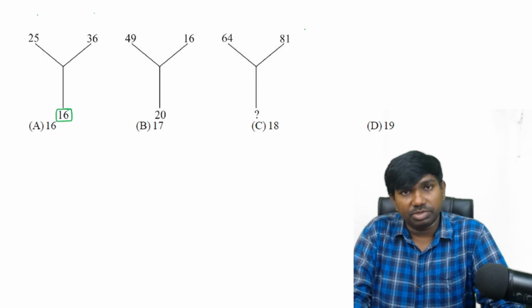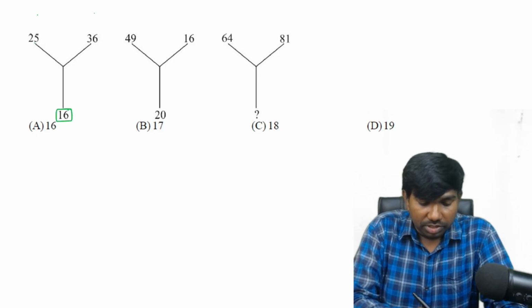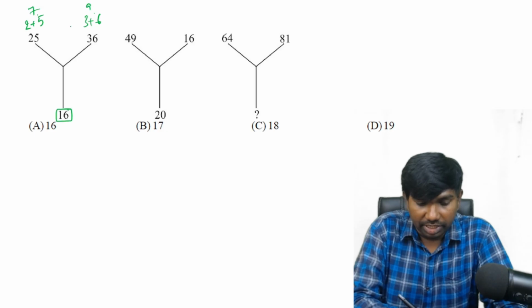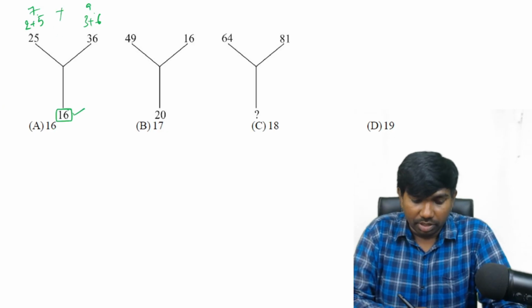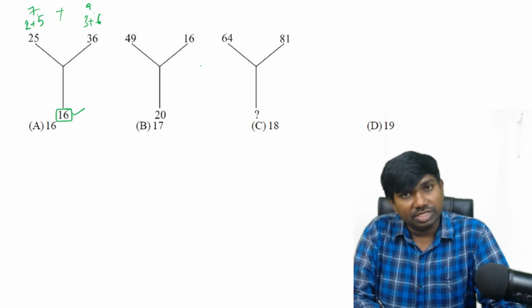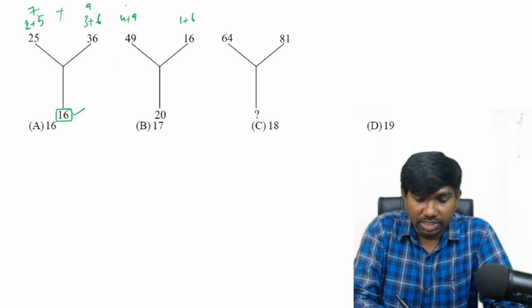See the digits operation: 2 plus 5 is 7, 3 plus 6 is 9, and their sum is 16. But don't confirm immediately; check the same logic on the second figure. Here 4 plus 9 is 13 and 1 plus 6 is 7, and their sum is 20, correct?